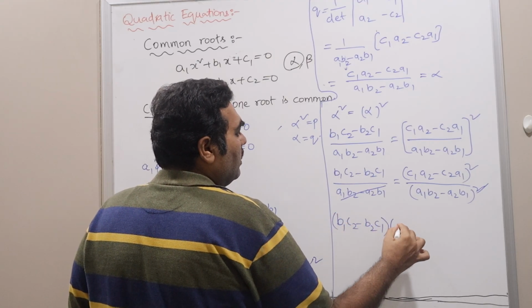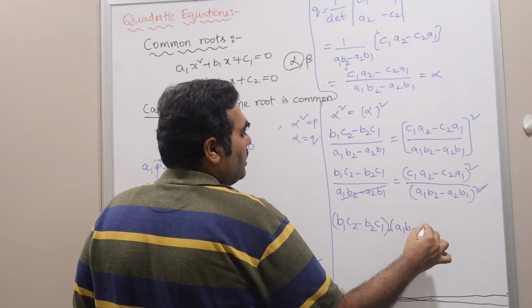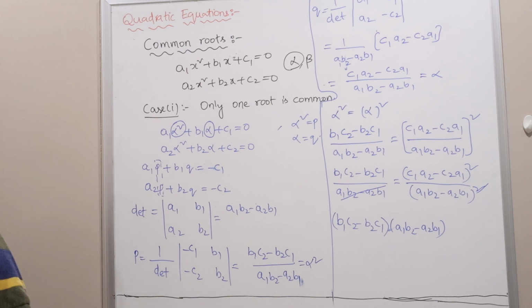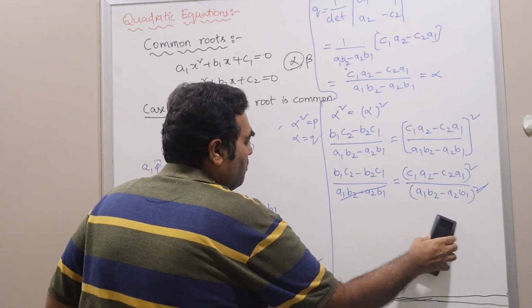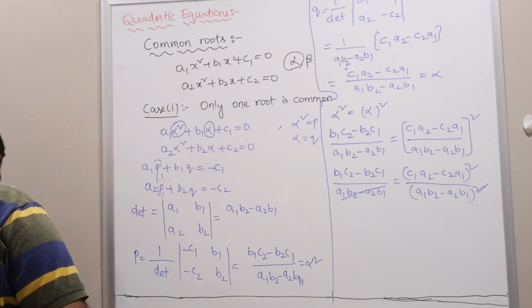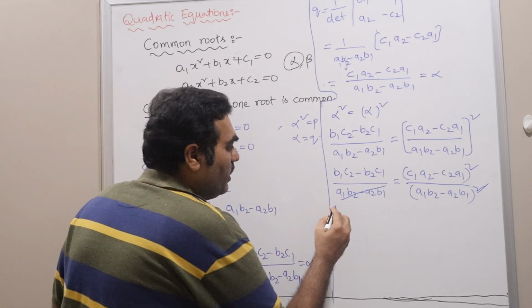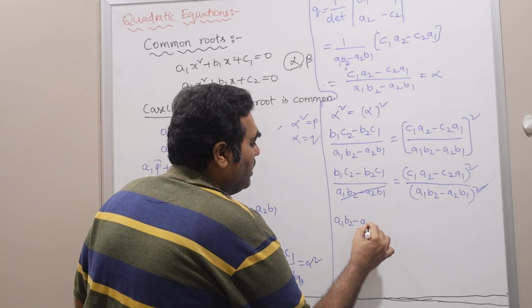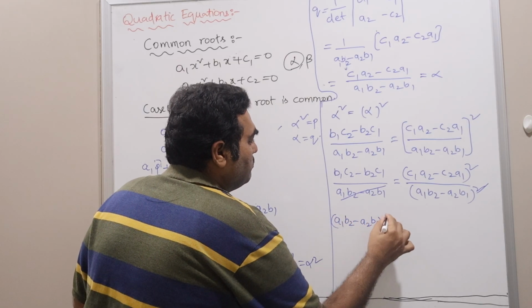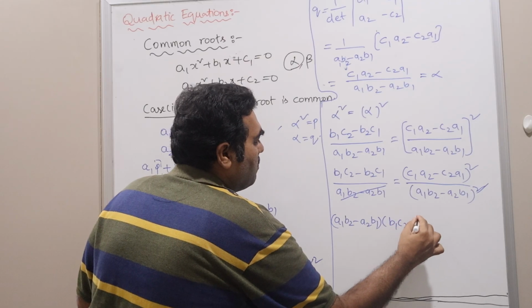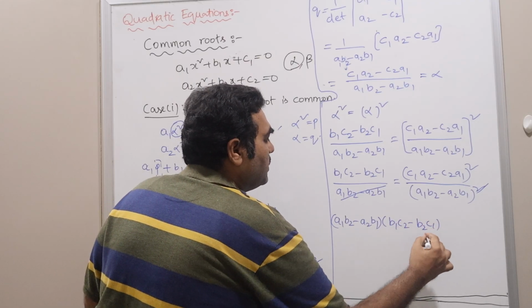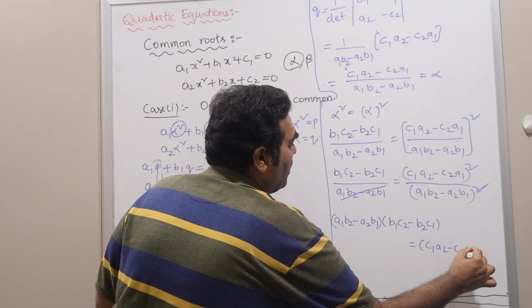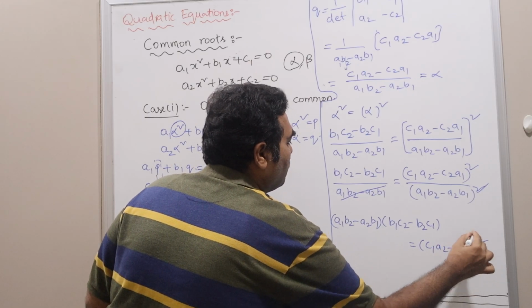into A1 B2 minus A2 B1, or let me rewrite so that you can remember easily. A1 B2 minus A2 B1 into B1 C2 minus B2 C1 is equal to C1 A2 minus C2 A1 whole square.